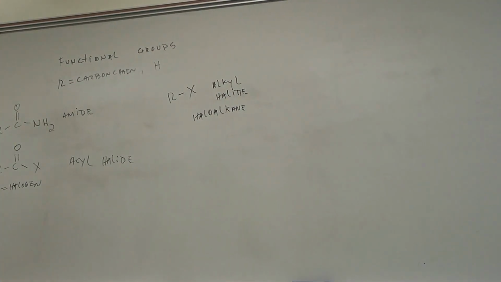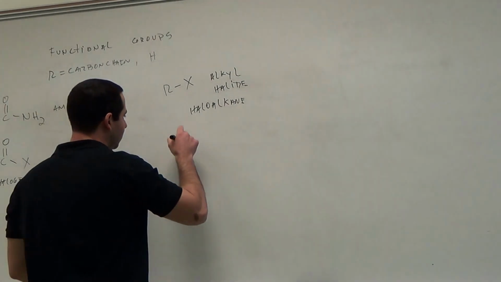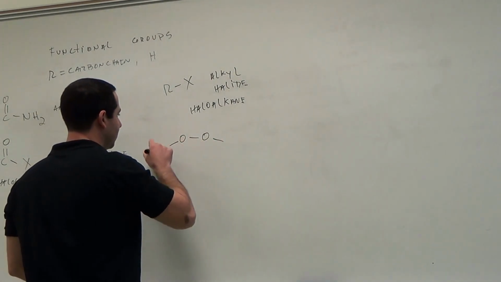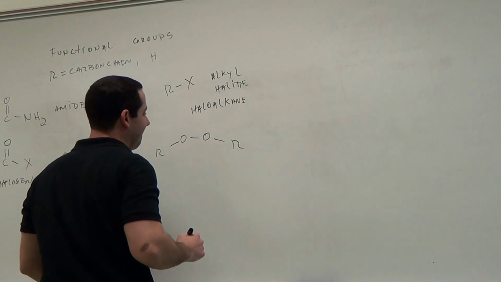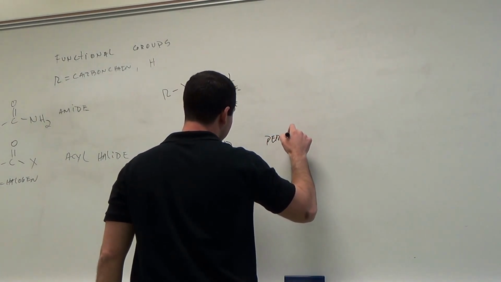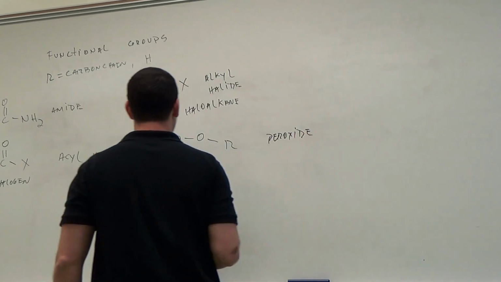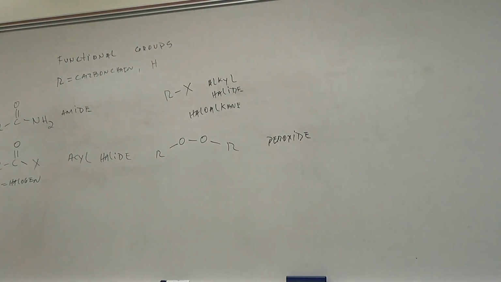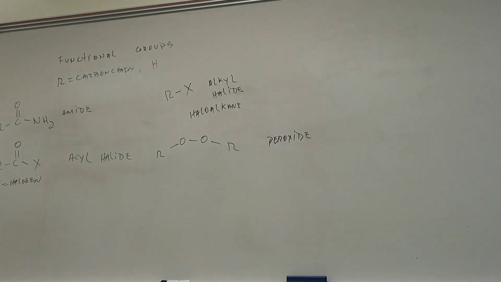We have things that look like this and they are peroxides. The one you know is hydrogen peroxide. That has hydrogen on both sides, instead of the carbon chain. Yeah, instead of the carbons.